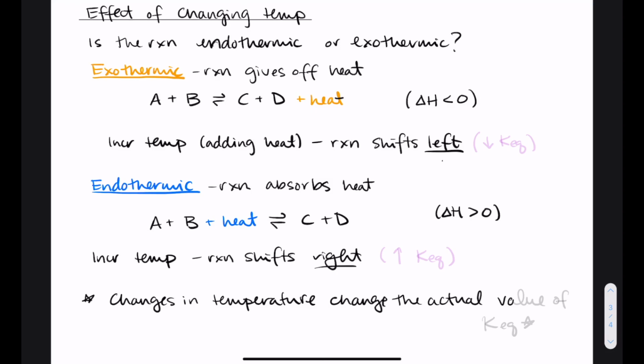Increasing the temperature of an endothermic reaction, that's like increasing a reactant, my reaction would shift to the right. Now, it's really an increase in the equilibrium constant value, but what we would see is a shift to the right of this reaction.